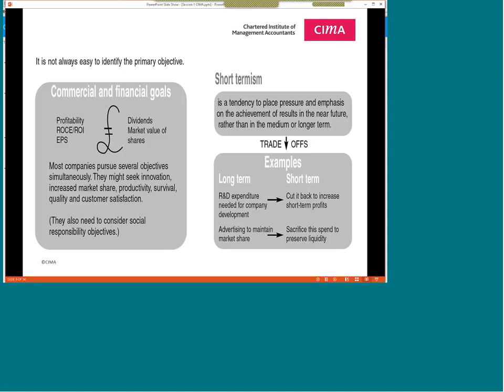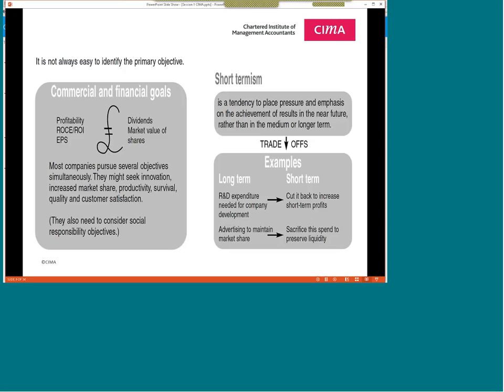You can also look at the objectives from a long-term or short-term point of view, and this can be another conflict: short-term objectives may be in conflict with the long-term. For example, if you want to create a sustainable business, and in the short run you would like a high profit, then they can contradict each other.